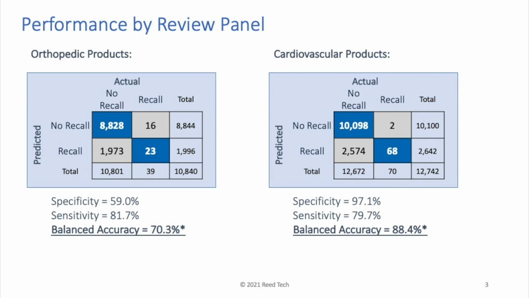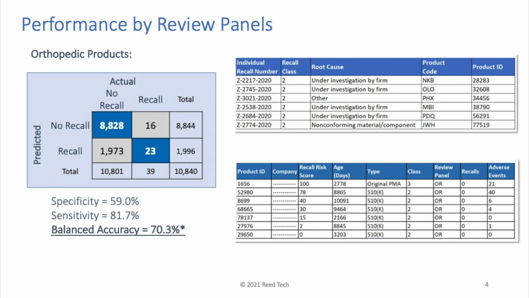The balanced accuracy of orthopedic products is 70%, while the balanced accuracy is much higher at 88% for cardiovascular products. And we can see that the model correctly identified 68 out of the 70 products which were recalled in between those two time periods. And we can also drill down further and look at the individual recalls and then the root cause and all the other details.